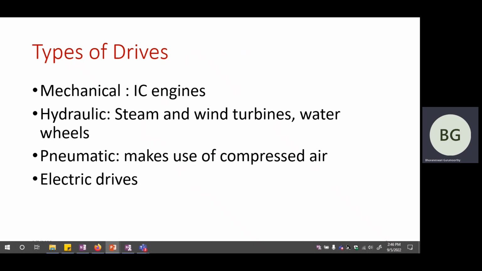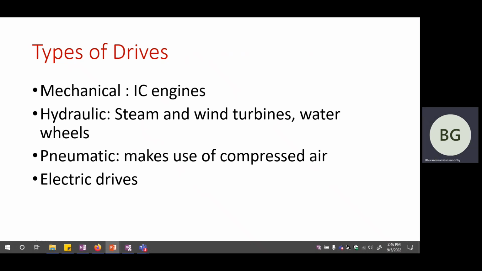There are different types of drives that are available in the market. Very commonly available is mechanical drive. You see them in the form of cars. All of them are driven by IC engines, maybe diesel engine or petrol engine. So compression ignition and spark ignition engines. So mechanical drives are available all over. Major disadvantage of the mechanical drive is its pollution.